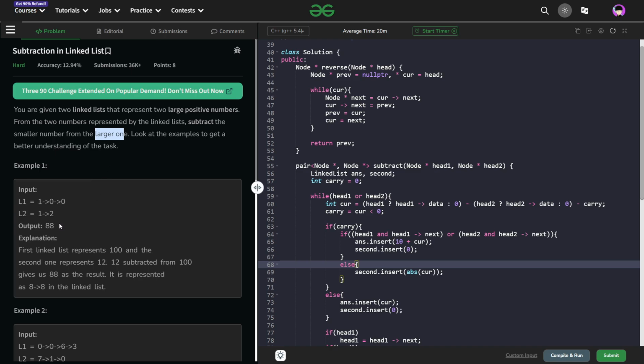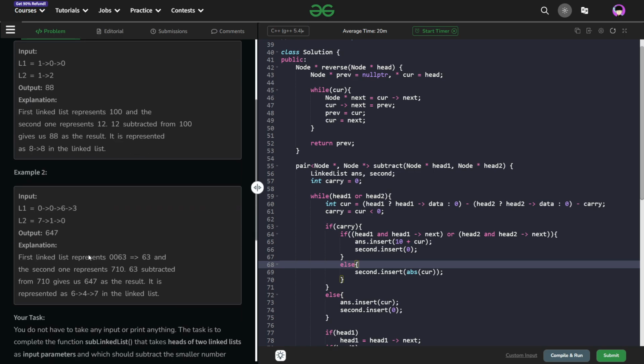That means the final result should always be positive. As you can clearly see, the first value is 100 here and the second value is 12. The answer is 88. Even if it was the other way around, with the first value 12 and the second value 100, the answer would still be the same, because we have to subtract the smaller value from the greater value, right? I hope this part is clear to you.